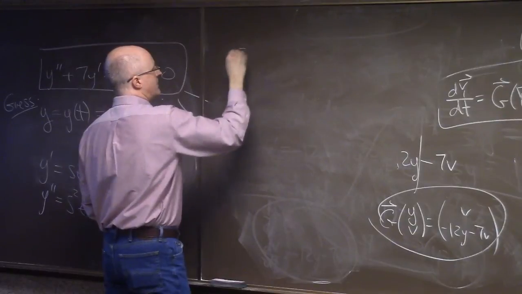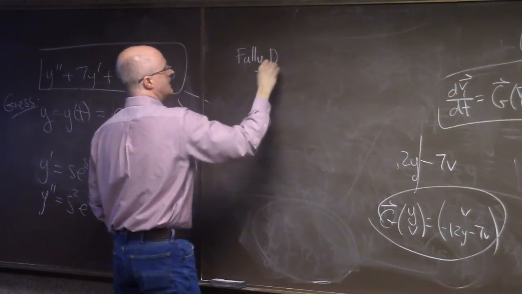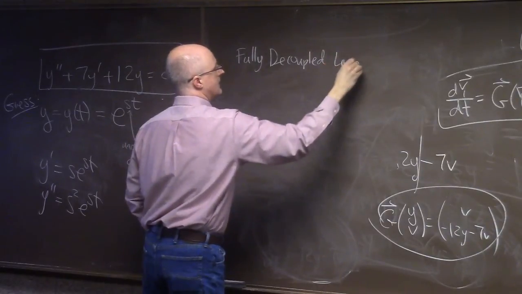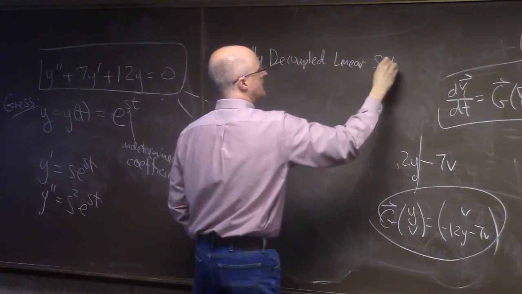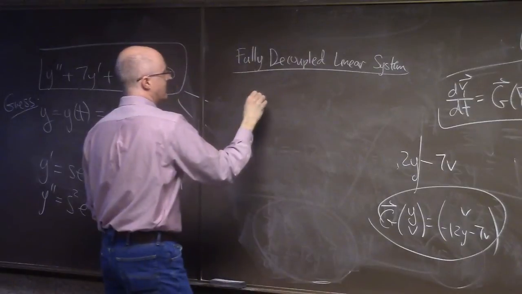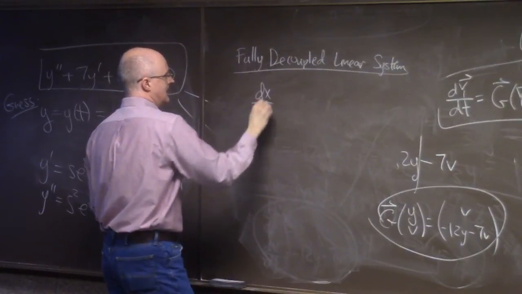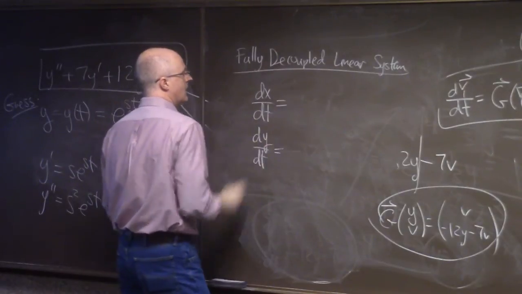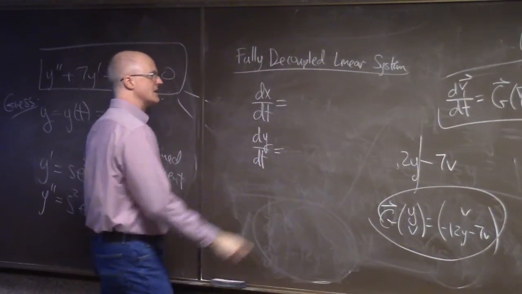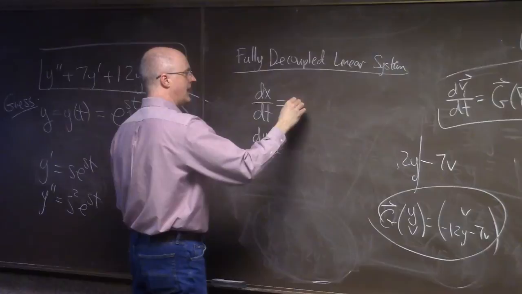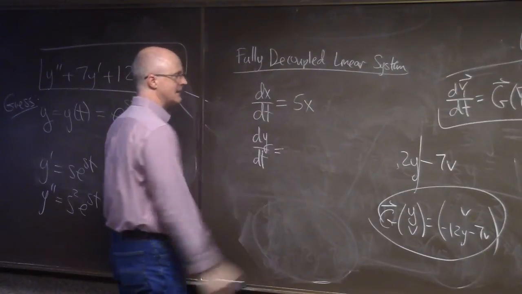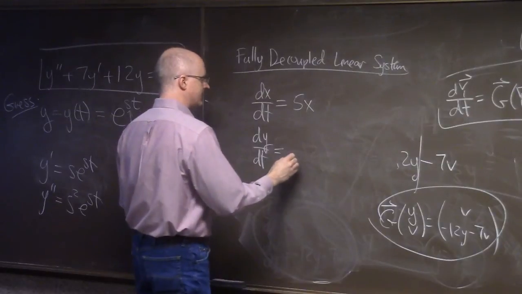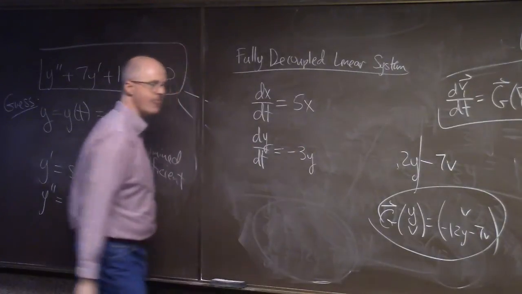A fully decoupled linear system is a system of first order equations where the dx/dt equation is a linear function of x on the right hand side, like 5x, and the dy/dt equation is a linear function of y on the right hand side, like negative 3y.